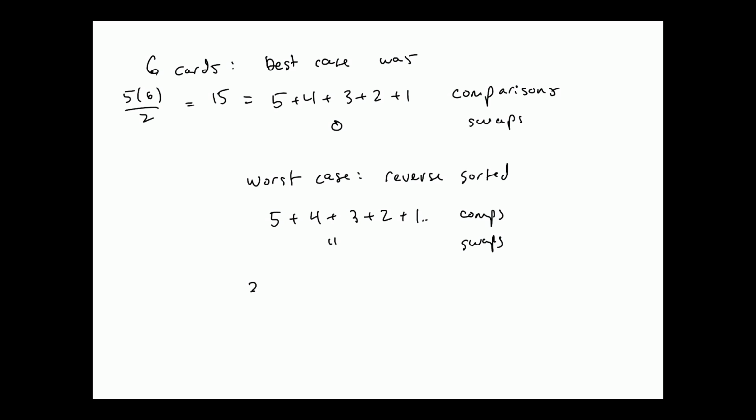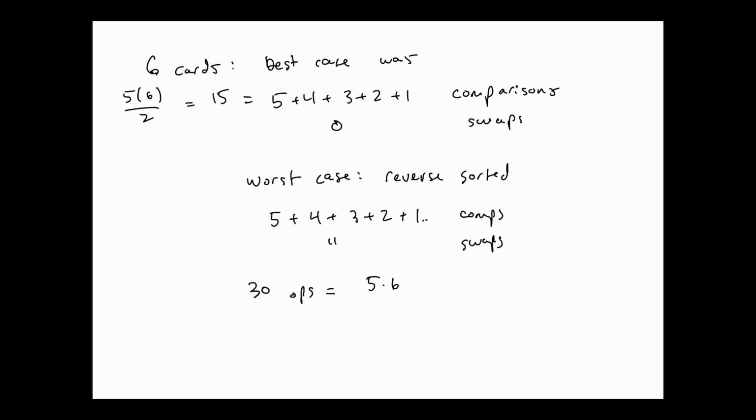So a total of 30 ops equals 5 times 6 in this case. Okay, so the way we've done this algorithm, the worst case is twice as complicated as the best case.